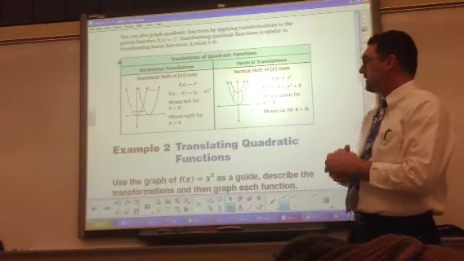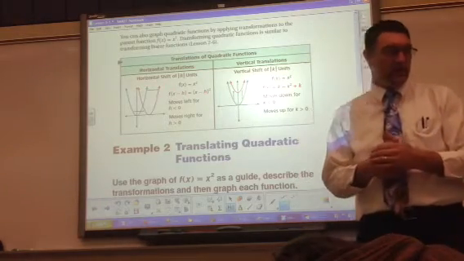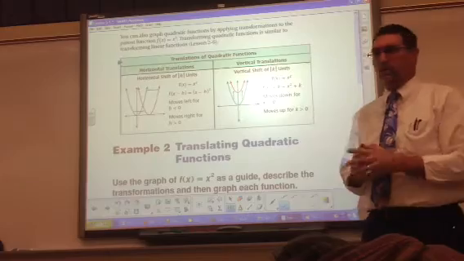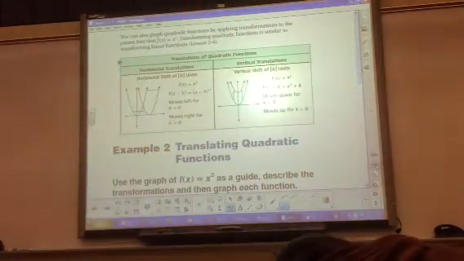One thing I forgot to give you is we're going to need some graph paper. How many of you have some graph paper still in your folder or binder somewhere? Okay, most of us do. All right, some of us do.